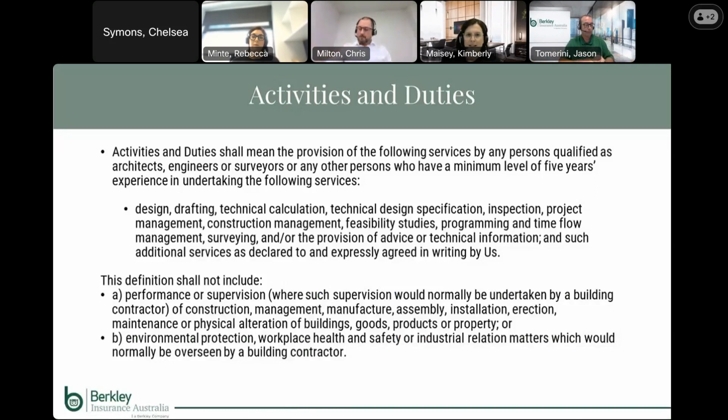The Berkeley D&C policy has a broad definition of activities and duties that has been specifically designed to respond to the varied professional services that a D&C contractor may be responsible for.